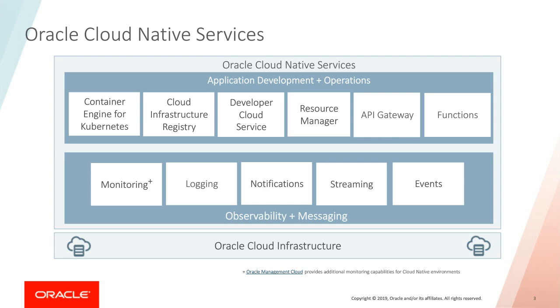For example, we have streaming services, which is fully Kafka compatible, logging services compatible with Fluentd, native monitoring, notifications, events, API gateway, infrastructure as code that allows you to run your own Terraform stack in the cloud through our Resource Manager UI, functions, and several other services. Plus, since OCI and OKE are based on open standard services, you're more than welcome to bring your own open source software that you're familiar with to use along with Oracle cloud-native services.